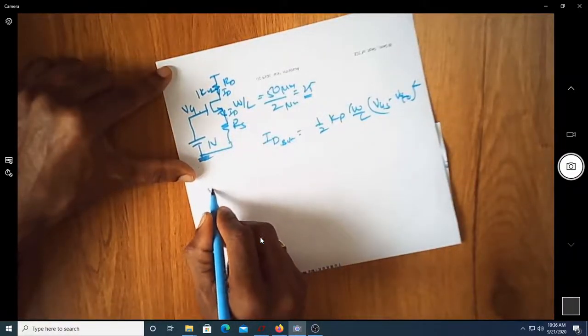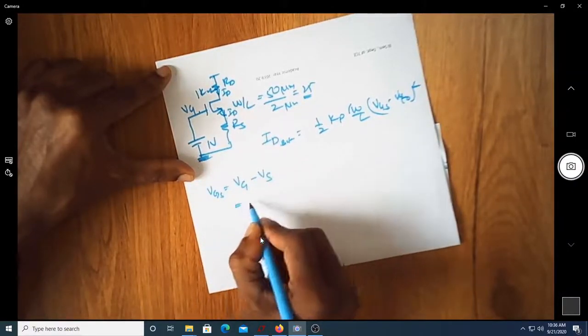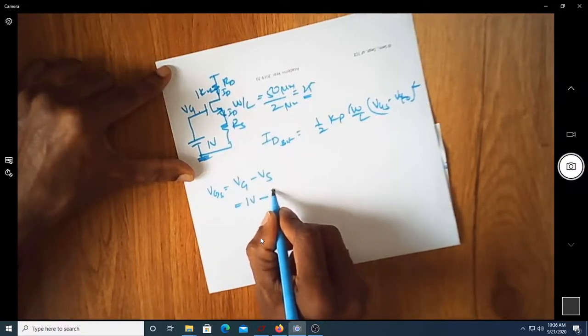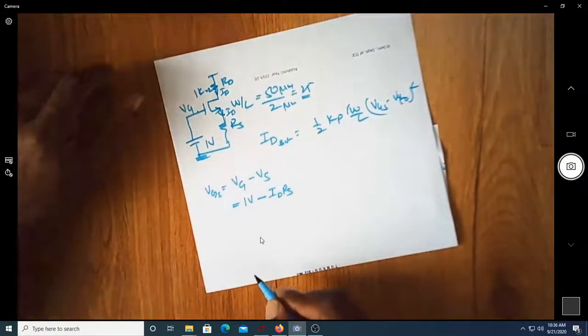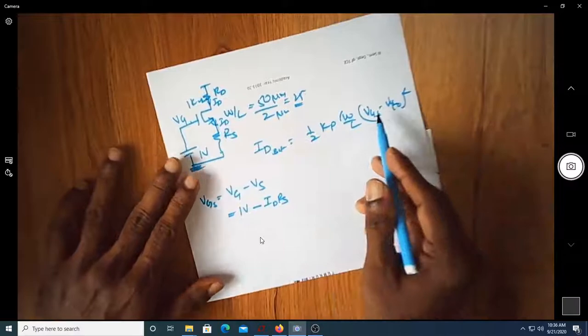So I can write VGS as equal to VG minus VS, which is equal to 1 volt minus what is this VS? It is ID into RS. So this way we can substitute the values of VGS.